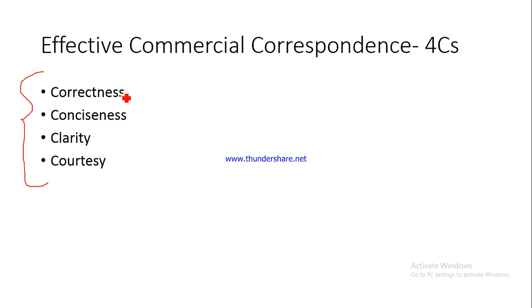What do we mean by correctness? There should not be any inaccuracy. The facts should be stated truthfully, right? So this is what we mean by correctness. Information that you have given in a particular letter, information that is part of your correspondence, should be correct. It should not be inaccurate. It should not be some false propaganda, right?